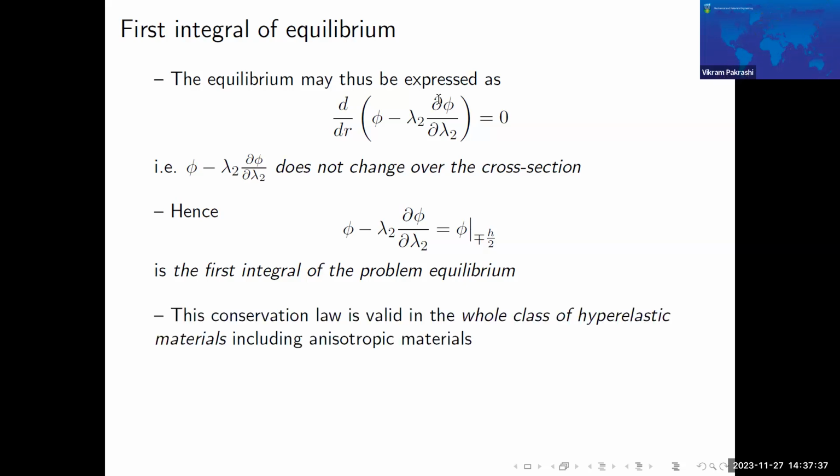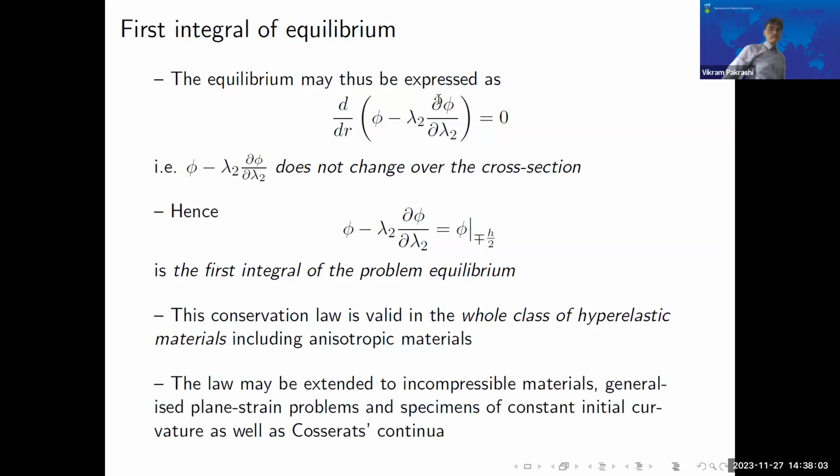We're really talking about the fact that a certain value is not being changed as we move across the cross-section. It's conserved. And as we know in dynamics, the first integral of the motion always means either energy is conserved or momenta are conserved. Okay, so it's the same thing here. First integral of the motion is a certain conservation. Right.